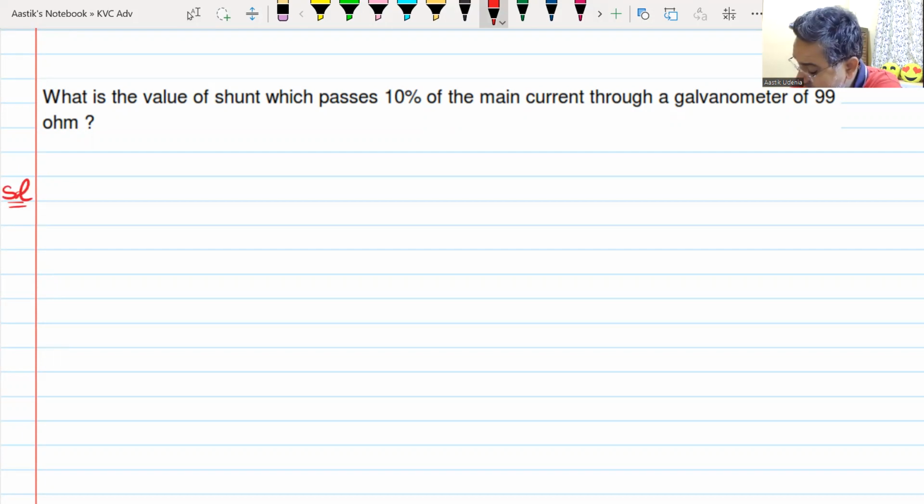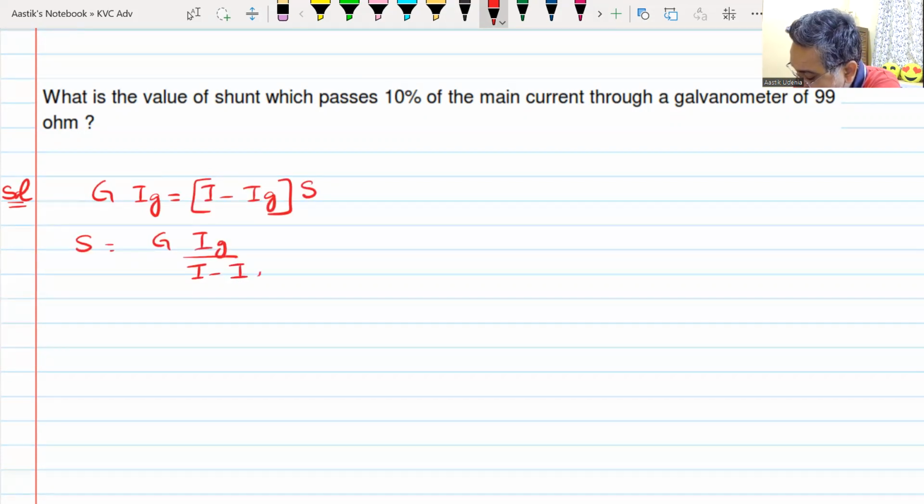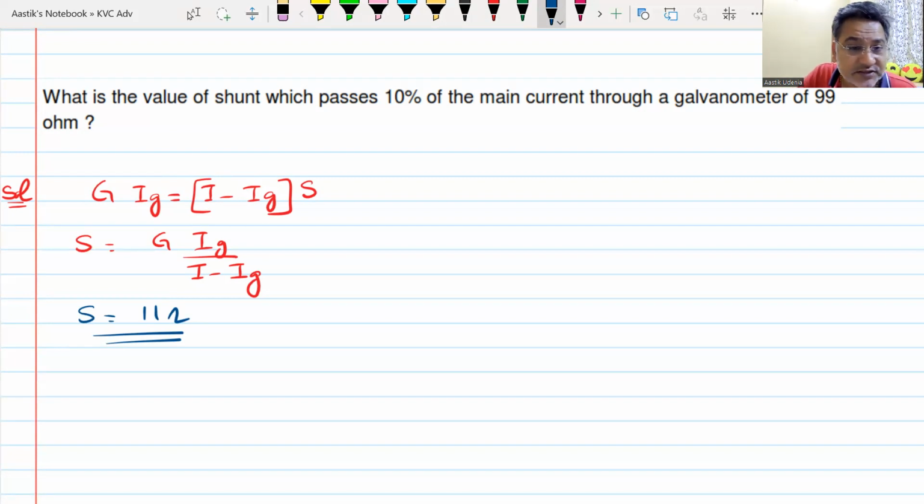The only formula that you know here is G into Ig will be equal to I minus Ig into S. Shunt resistance is G into Ig upon I minus Ig. You just need to put the values and get the answer from here. What is the answer that you are getting? My sheet says it is 11 ohms. Unless and until you prove me otherwise, I will take 11 ohm as the correct answer.